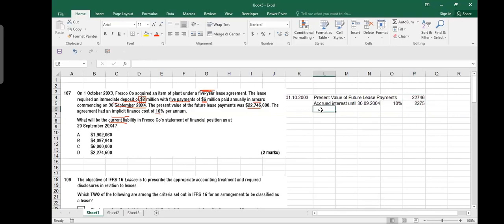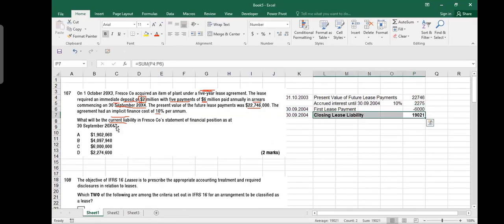Here you will say lease payment, first lease payment. And you made this lease payment on 30th of September 2004, which is 6 million. So you subtract. And I should say that, closing lease liability, on this date, 30th September 2004, is 19,021.